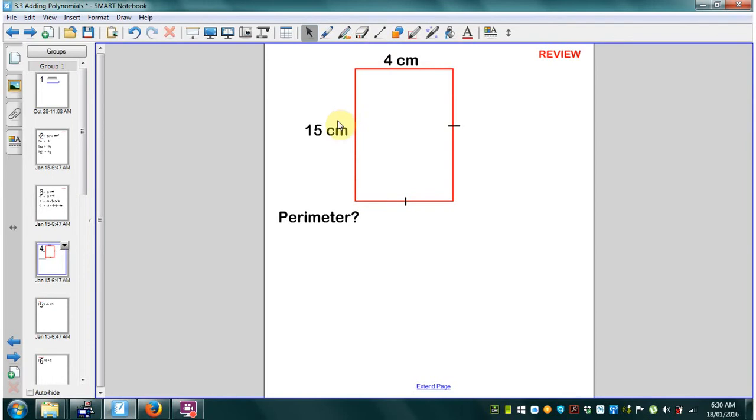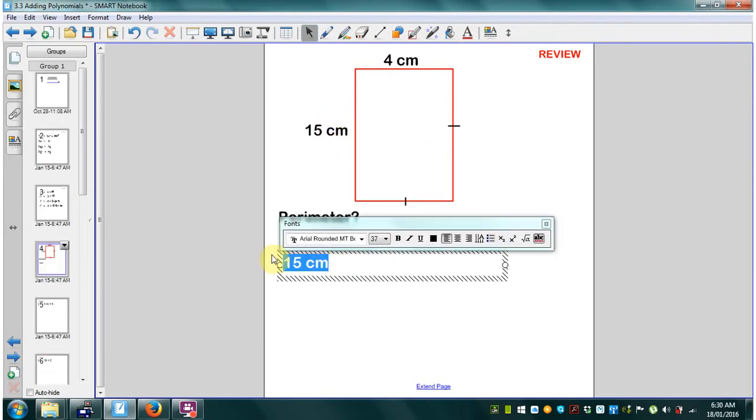So I'm actually going to type this out. So the perimeter, in this case, equals, if we go around this side, it's going to be 15 plus, so 15 plus 4 plus 15 plus 4.